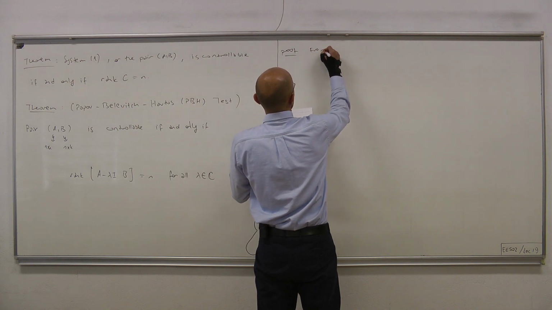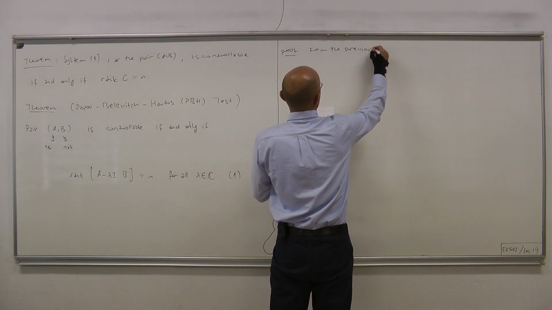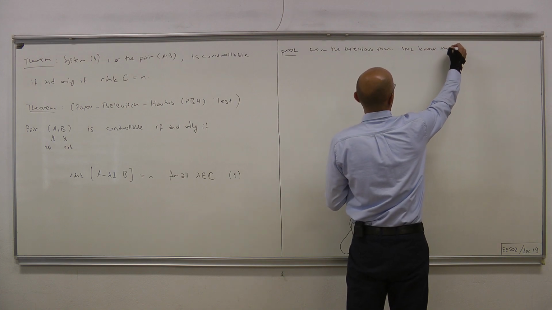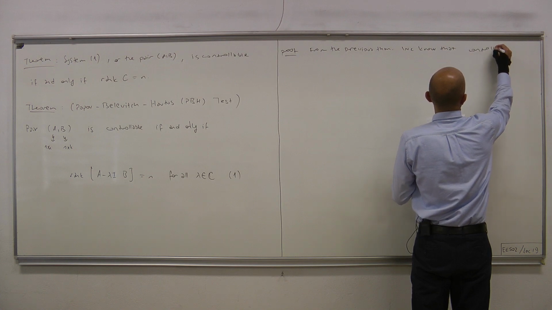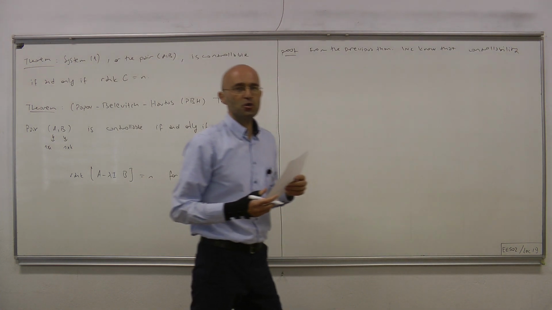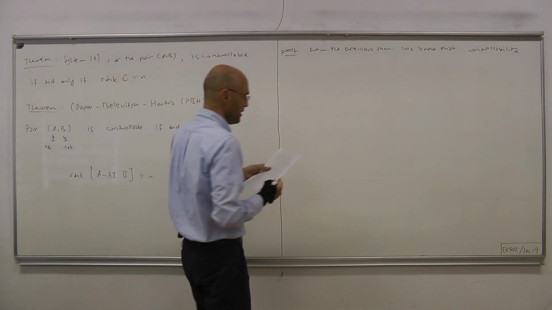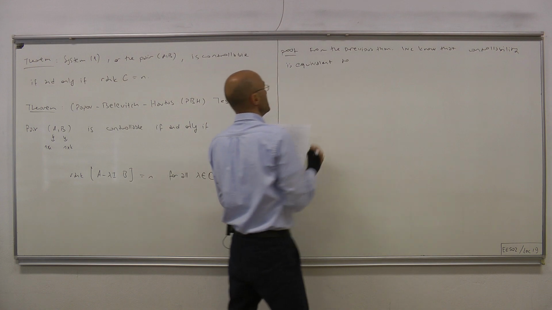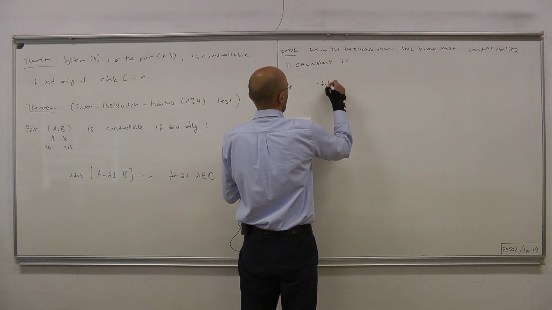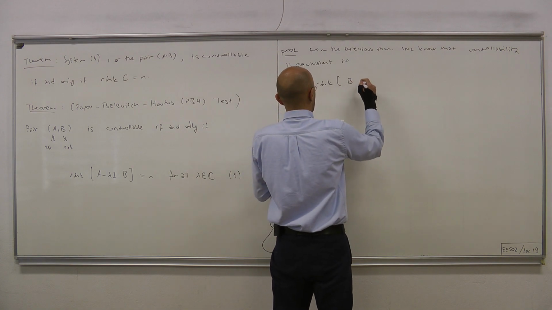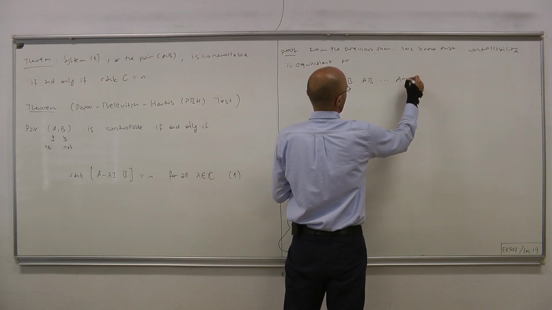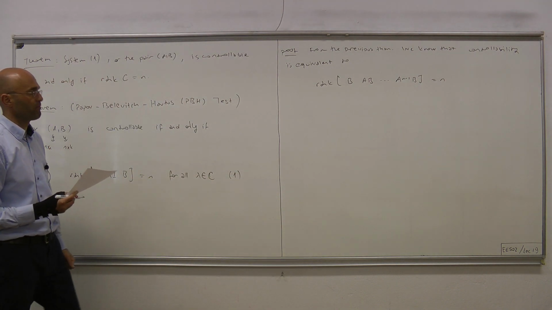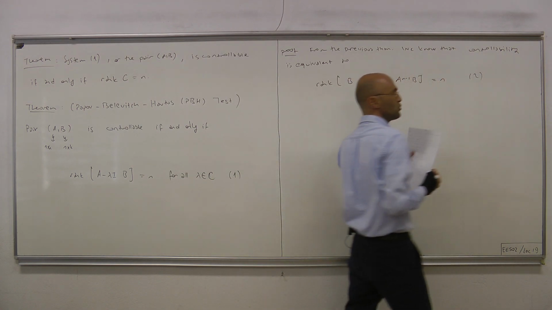From the previous theorem, we know that controllability is equivalent to, or can be checked by, the following test: the rank of [B, AB, ..., A^(n-1)B] equals n, where n is the order of our system. Let's call this test 2, or condition 2.